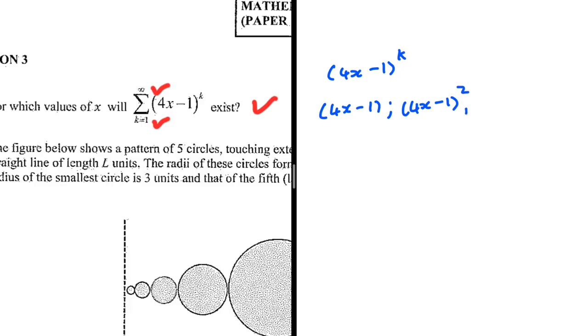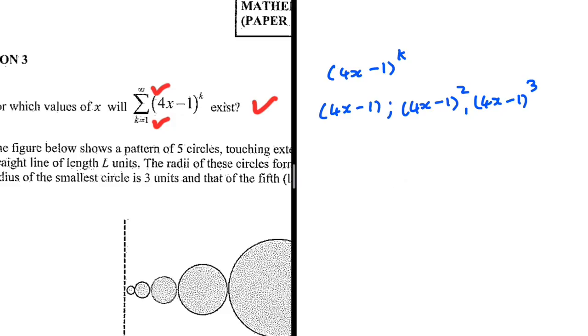And then after that, obviously, we're going to have 4x minus 1 to the power 3. So on and so on. So we can see that the common ratio here is 4x minus 1. If you divide 4x minus 1 to the power 2 by 4x minus 1, you get 4x minus 1. So the common ratio here is 4x minus 1.